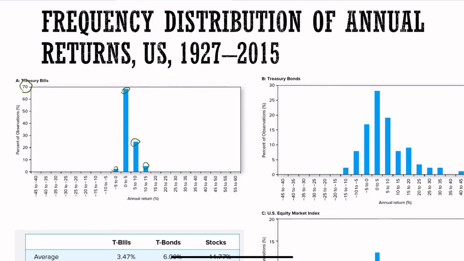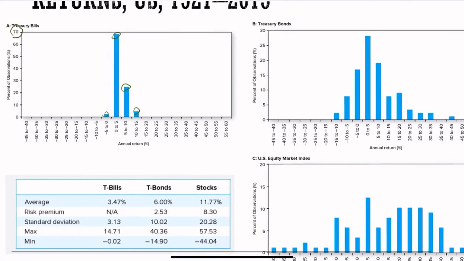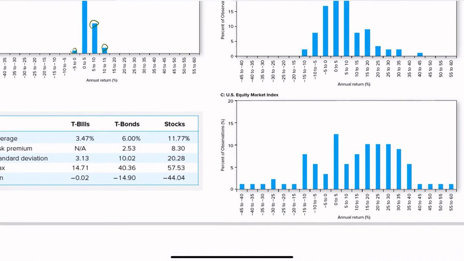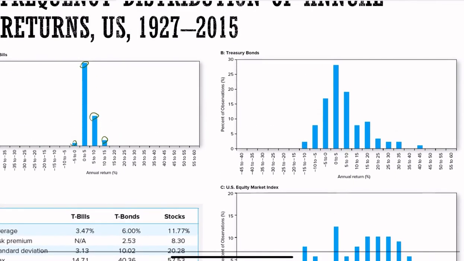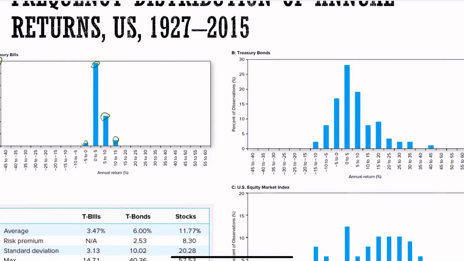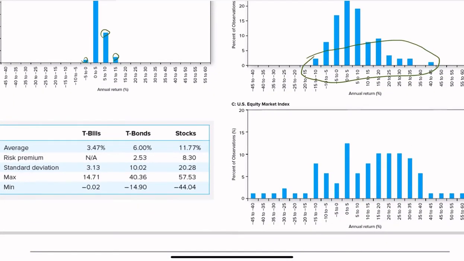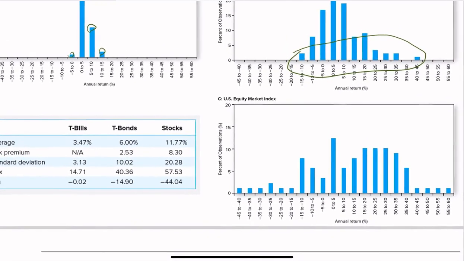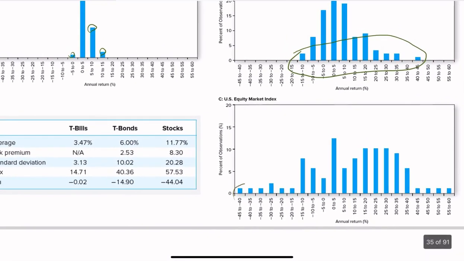Its volatility is relatively small compared with T-bonds and the equity market index. If you look at T-bonds, its variance is larger. And if you examine the equity market index, it's much larger compared with T-bonds.